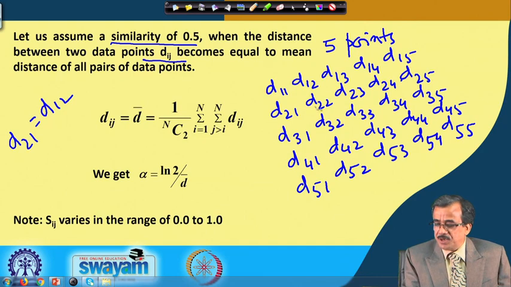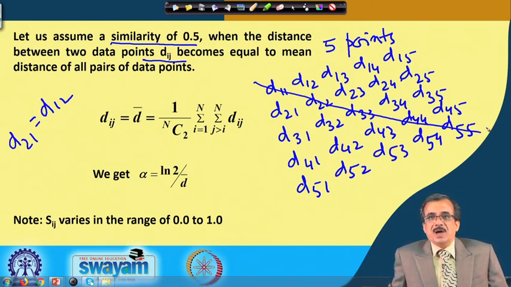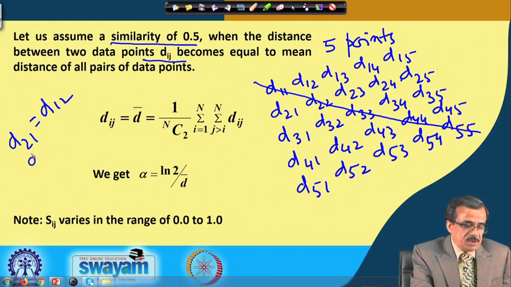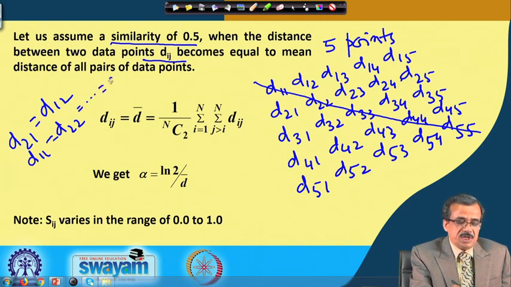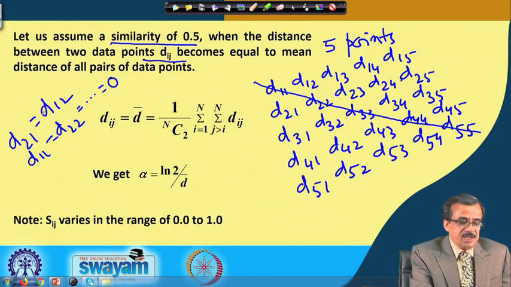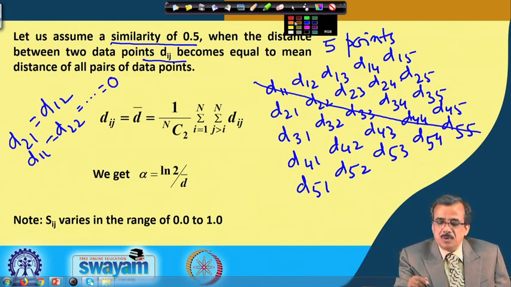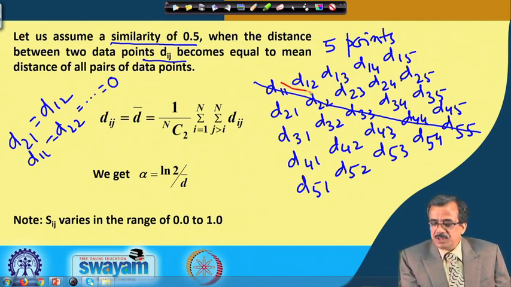Now, if we concentrate on the diagonal elements, that is d 11, d 22, d 33, d 44 and d 55, the distance between 1 and 1 or 2 and 2 are all equal to 0. And moreover, we have already considered that d 21 is nothing but d 12. That means if I just concentrate on only one side of this principal diagonal, I will be able to find out the distance values.